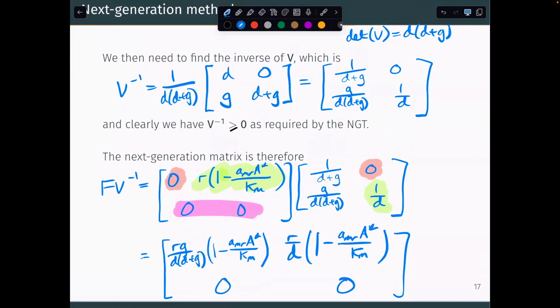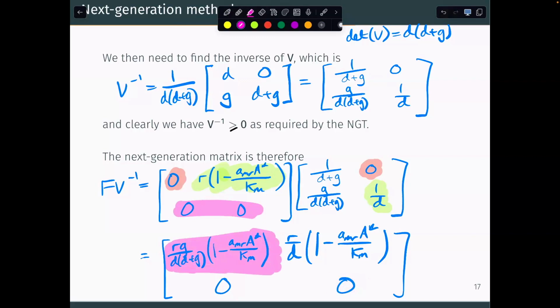Why is that nice? Well, it's nice because this is not only in upper triangular form, but this eigenvalue here in this case is 0. So I know that my leading eigenvalue, our invasion fitness, which is the whole reason we're doing this, is going to be sign equivalent to this minus 1.